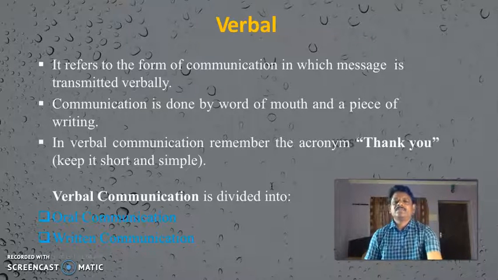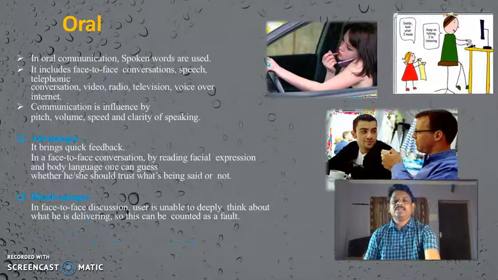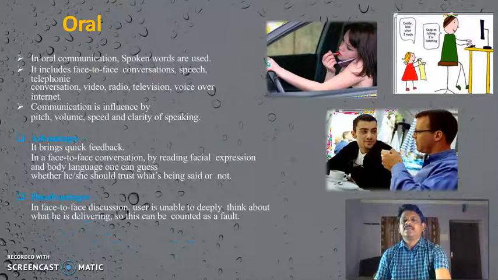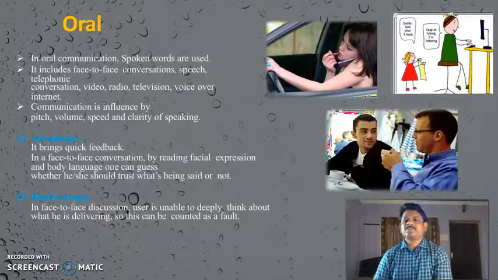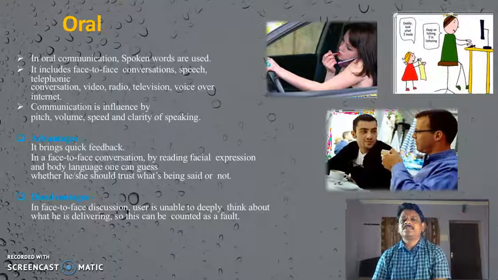Further, you will understand that in oral communication the spoken words are used. It includes face-to-face conversation, speech, telephonic conversation, videos, radio, television, voice over internet, and so on. The communication is influenced by pitch, volume, speech, and clarity of speaking.